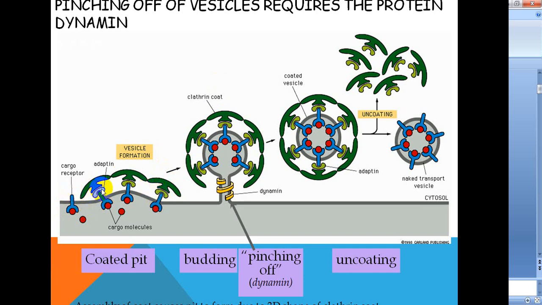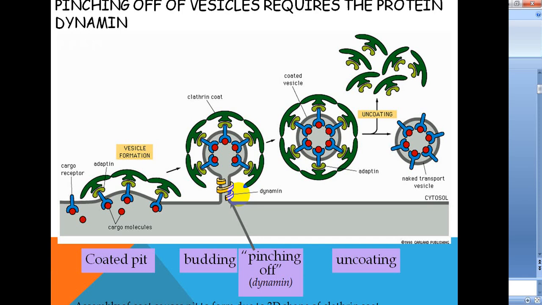So now this is called a coated pit, and before the formation of the clathrin coated vesicle, this invagination grows further and forms a racket like structure, and to the handle of this racket like structure there is another protein that is called dynamin. The dynamin is a protein that helps in pinching of this coated vesicle from the plasma membrane.